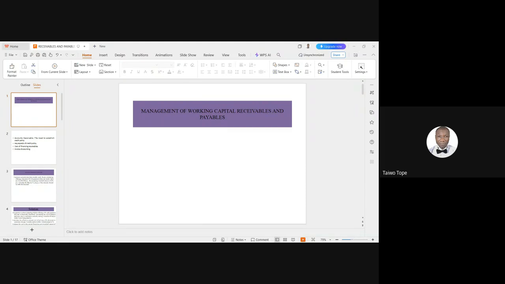So the objective of receivable management is to ascertain the optimum level of trade credit to offer to customers and how to manage that credit. When you allow credit to customers, it will encourage sales.